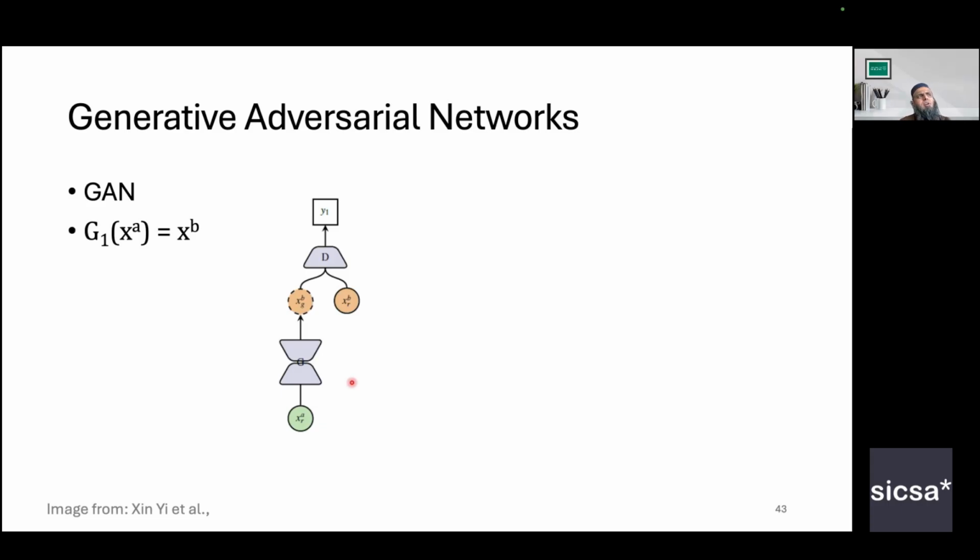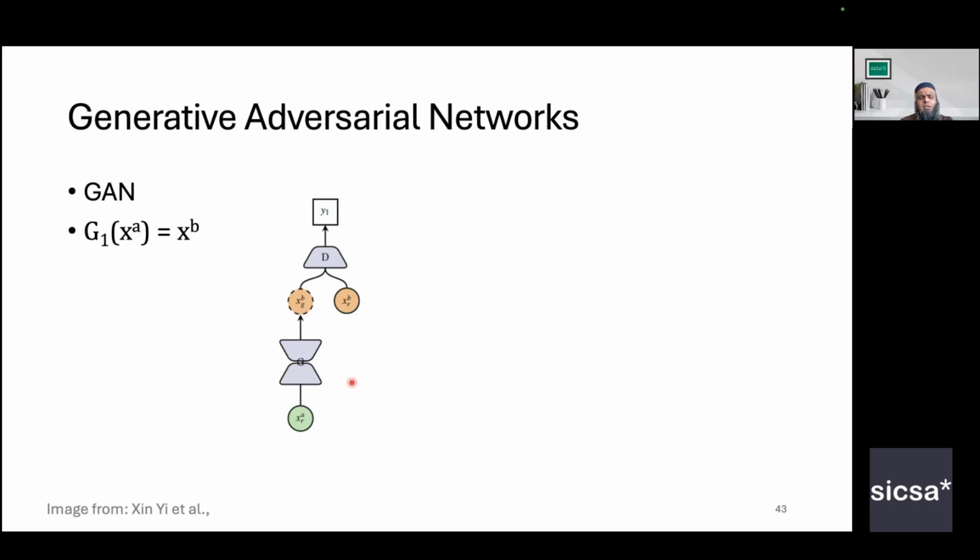We know that GANs are good at domain to domain translation, so we treat this problem as domain to domain translation. You might have seen applications of GANs where they map horses onto zebras or zebras onto horses, basically inserting a certain style from images of one domain onto images of another domain.